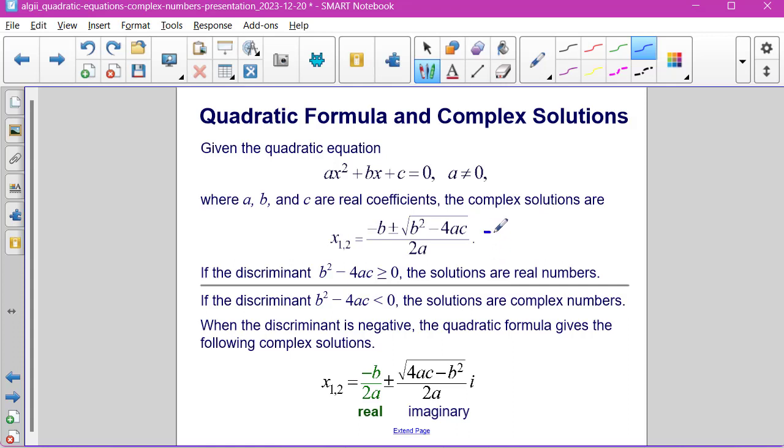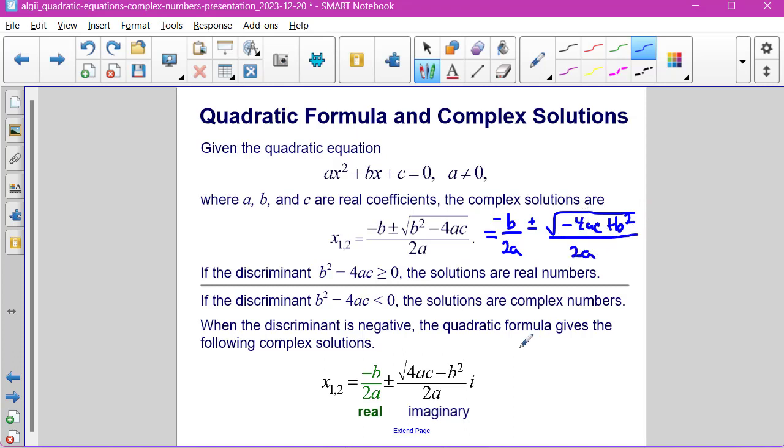Well, let's actually take the quadratic formula and first split it. So we have negative b over 2a plus or minus the square root. Let's first reorganize what is inside of the square root and put negative 4ac in front and then plus b squared, and then this is over 2a.